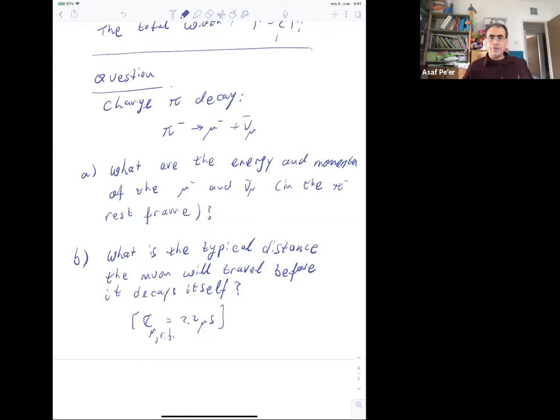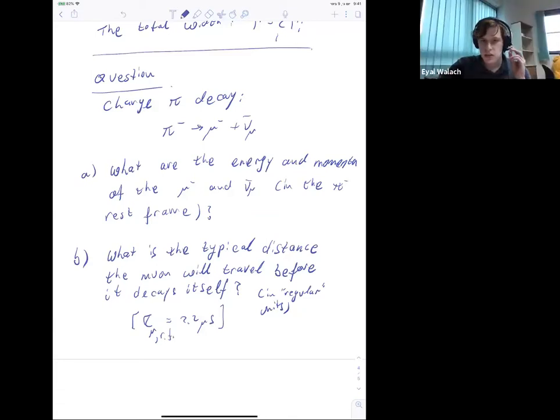And I want the answer in regular units. This can be meters or centimeters or kilometers, but not electron volts.